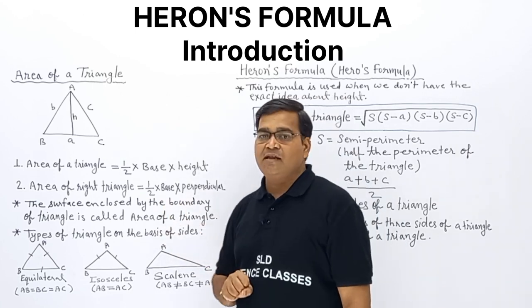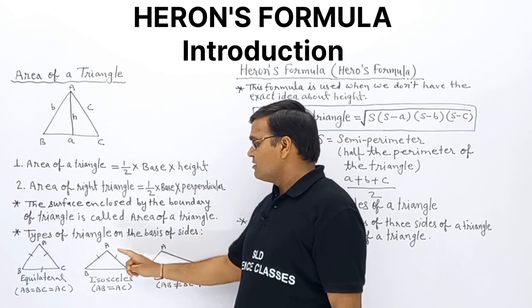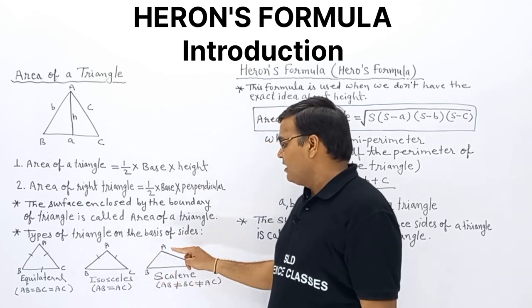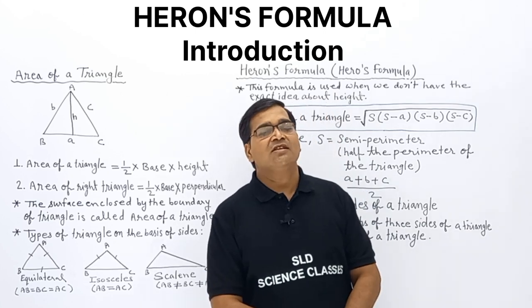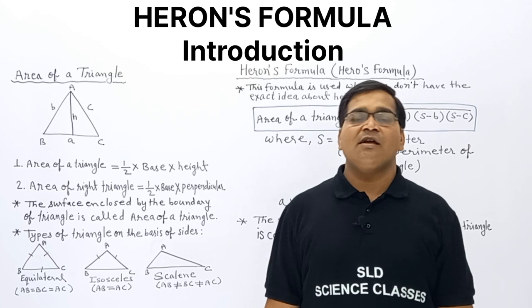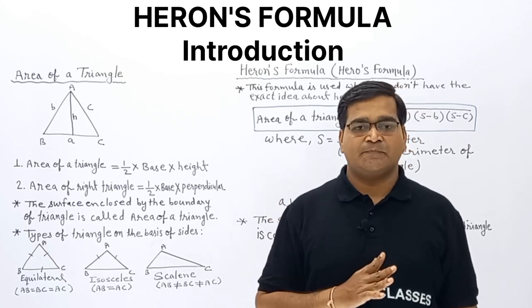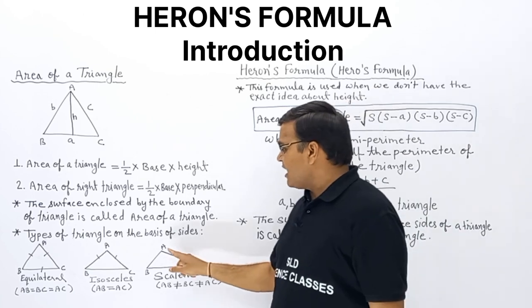The first type on the basis of sides is the equilateral triangle, the second is the isosceles triangle, and the third is the scalene triangle. In the scalene triangle, all three sides are different.